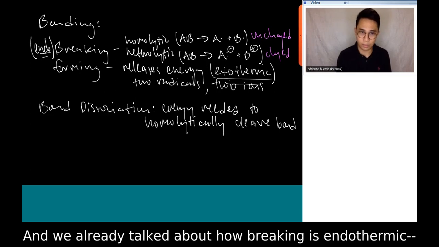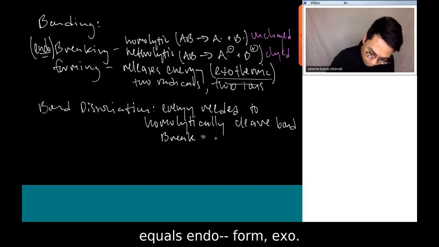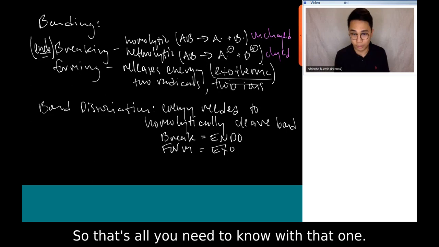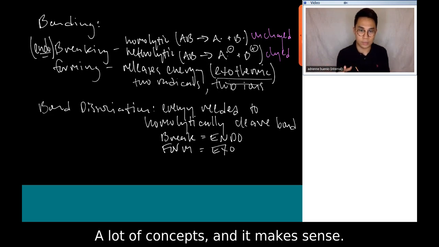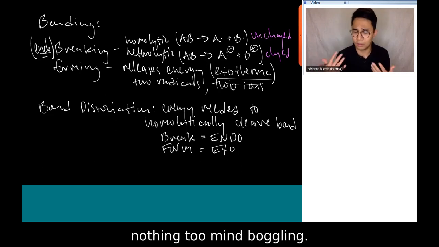And we already talked about how breaking is endothermic, equals endo, and forming is exo. So that's all you need to know with that one. A lot of concept, and it makes sense. None of these are too mind boggling.